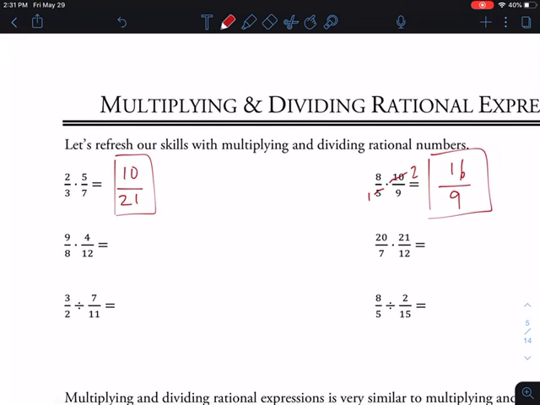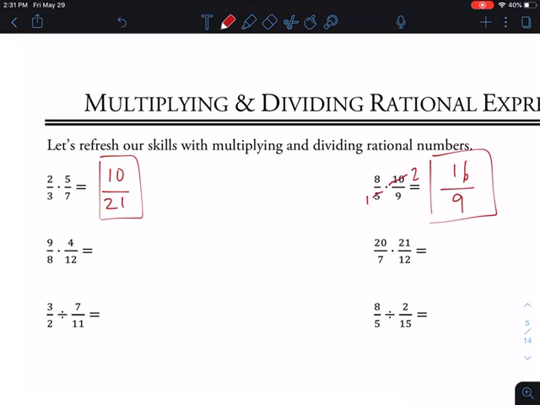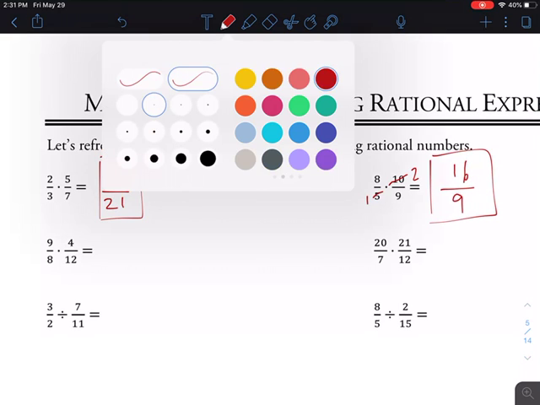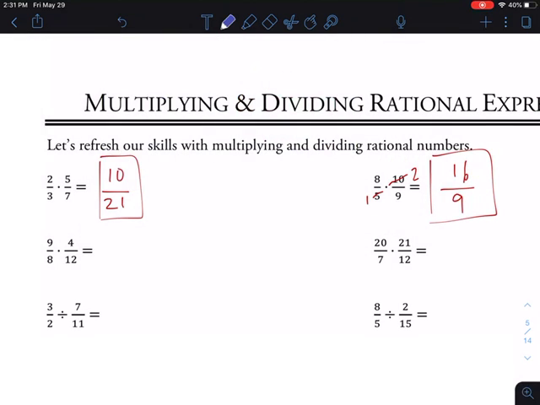Okay, moving back across the page here. I'm going to do this next one. I'm going to recommend again that you guys cross-cancel, okay? So you can see that 4 and 8 both share a common factor of 4. So that actually does also reduce to 2 and 1. But 9 and 12 also share a common factor, okay? So that is going to give me 3 over 4 when I divide both by 3, okay?